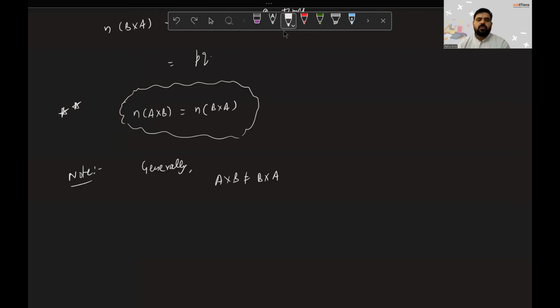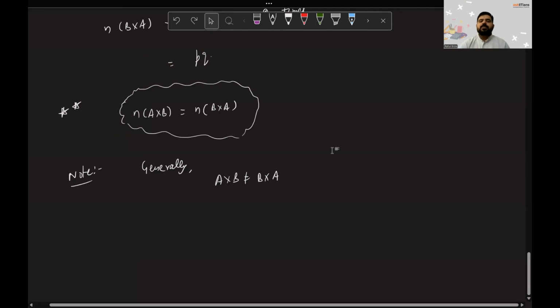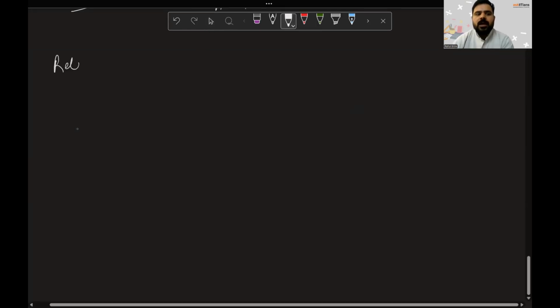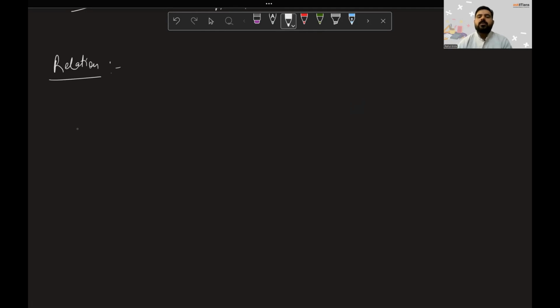We have understood what exactly we mean by the cross product, and we have seen a result based on that also. Now the time is to understand what a relation is. As I told you, we have heard this term in our day-to-day life also, like relations in a family, in relatives, your siblings, your parents, or uncles and aunts.